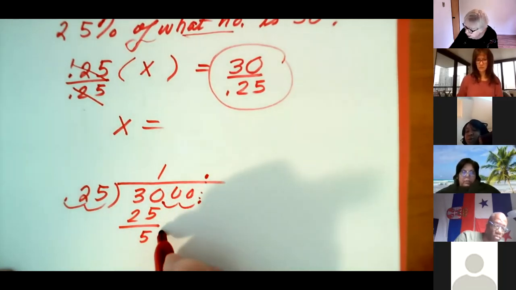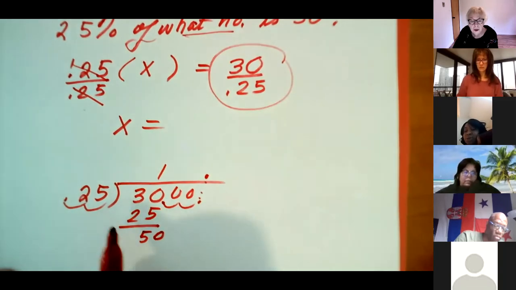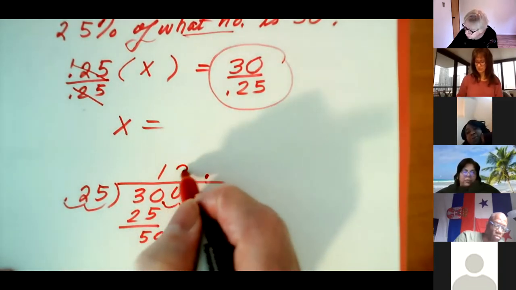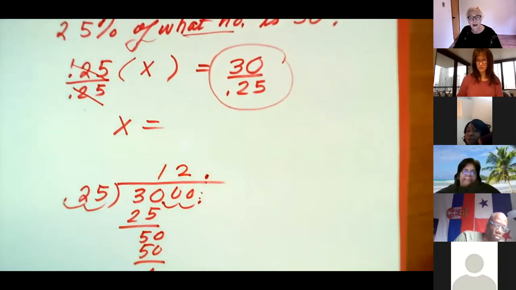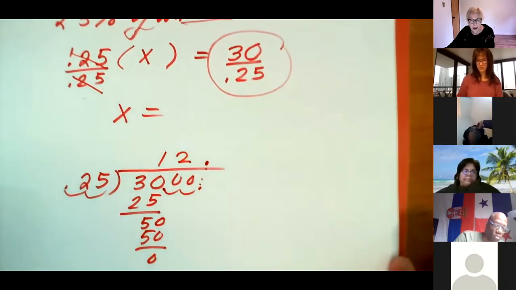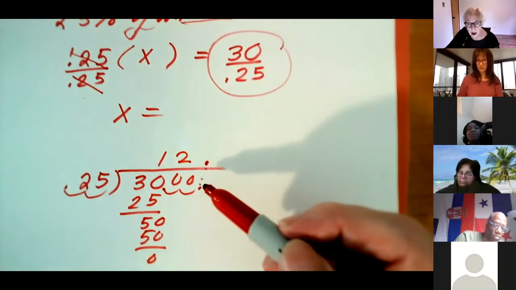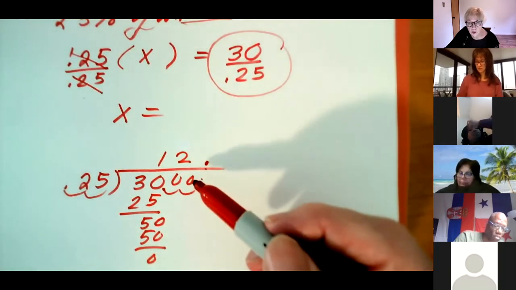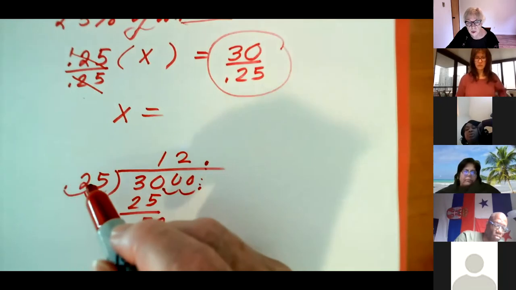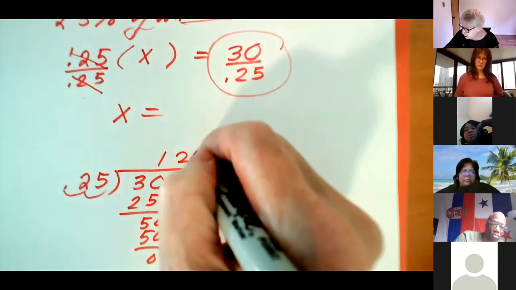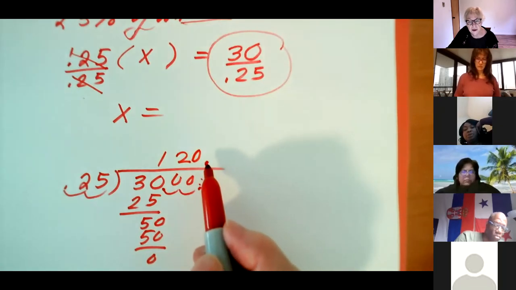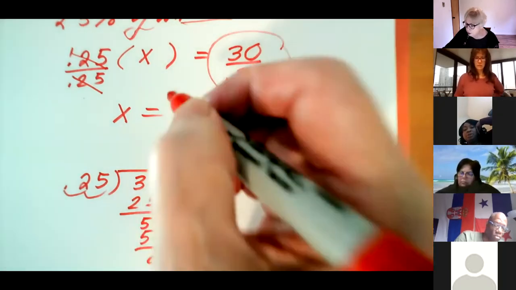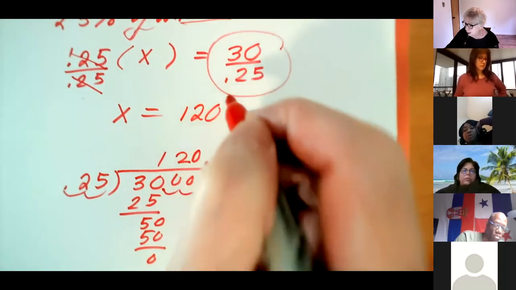I'm going to bring this down. 25 into 50 is 2. And there's no remainder. But the reason I brought this decimal up is there's one more division. 25 into 0 is 0. In other words, you have to take the division into the decimal point. And so the answer actually was 120.